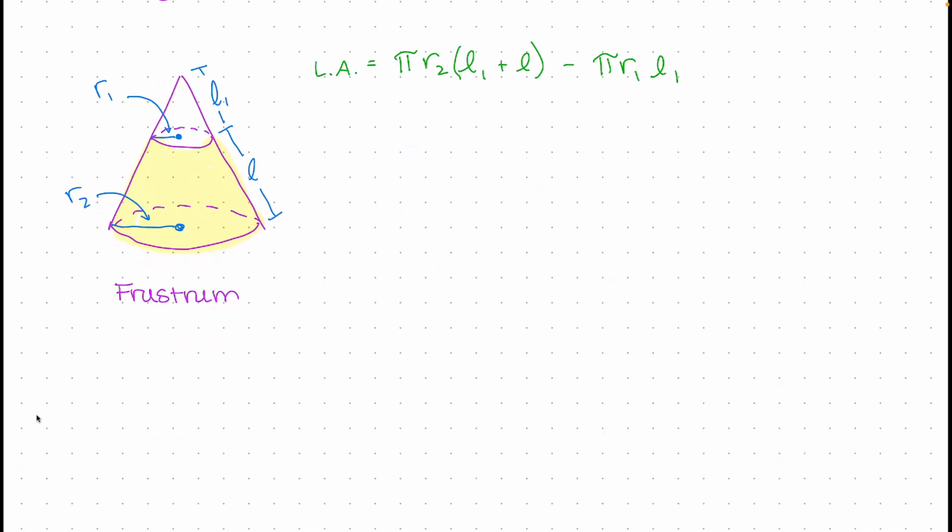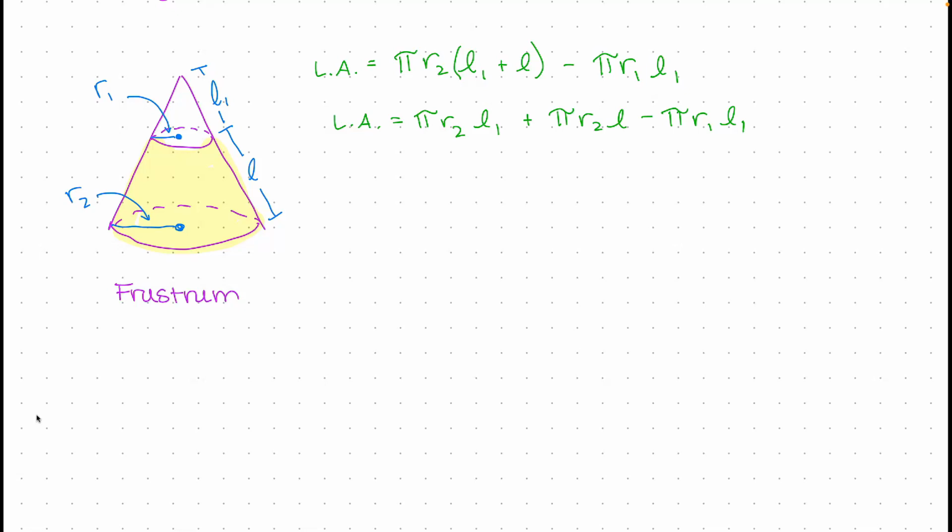Now this is going to get a little funky. So first I am going to distribute, and say pi, let's keep track of all these subscripts, R2 L1 plus pi R2 L minus pi R1 L1. So I've just distributed across the quantity there.